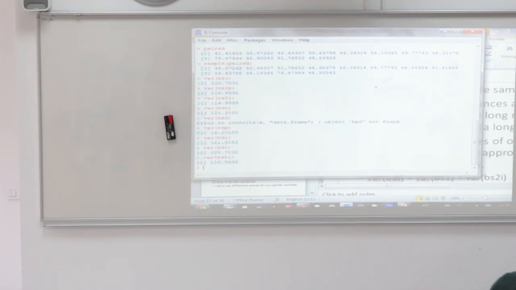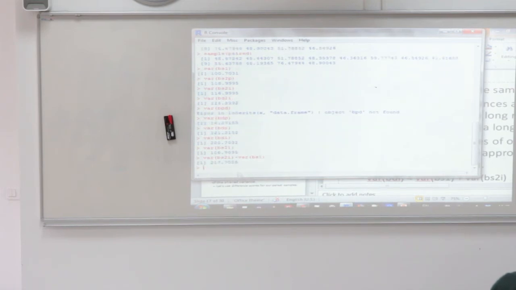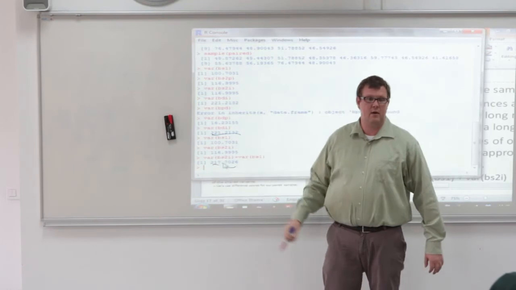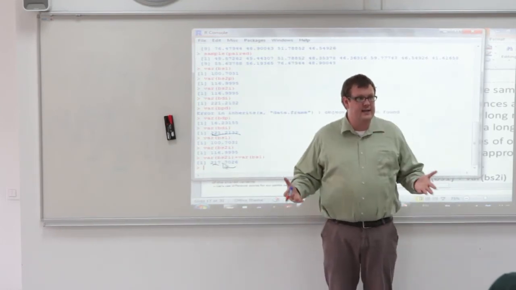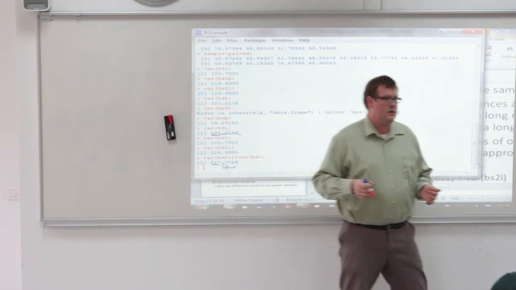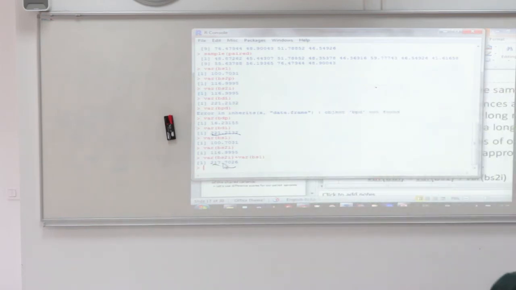If we add these things together, which is what I said should happen, notice that we got 217, which is actually different from the 221. Why? Because it's a finite sample, and there's some small amount of correlation in the data. All right.